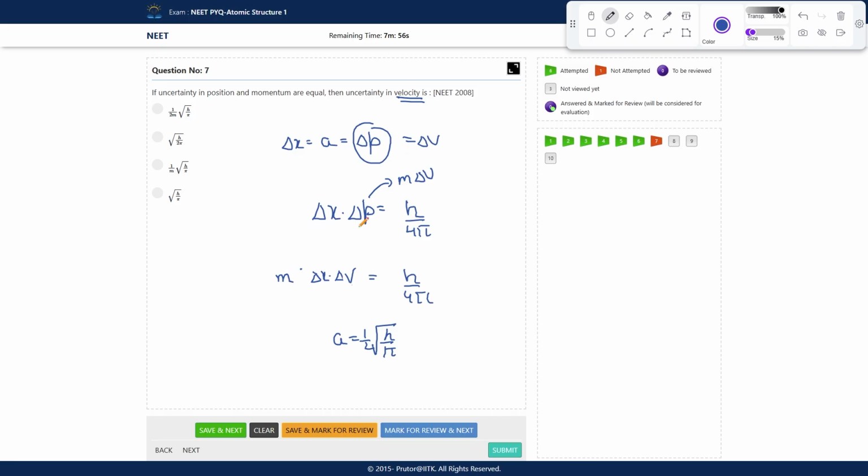Okay, no, we will not take the velocity because this uncertainty is related to the momentum and not to the velocity. So this will give you root under h by 4 pi. So therefore the correct answer will be 1, I guess. So there is a confusion in this. So we'll see to this in the next class if possible.